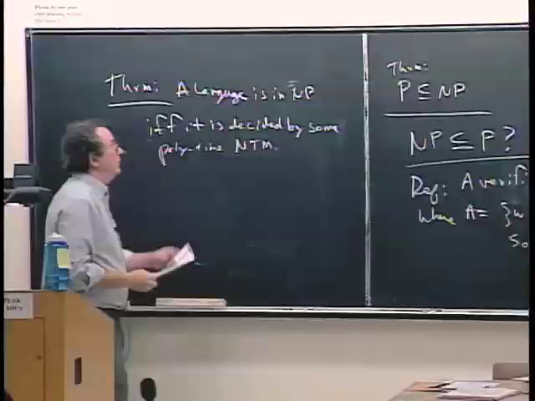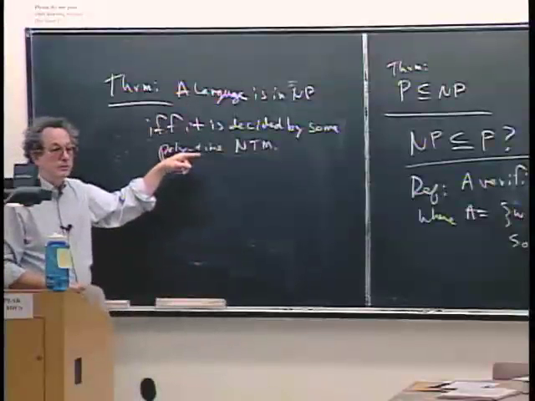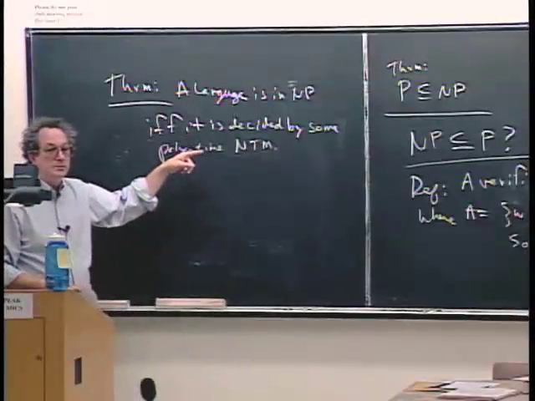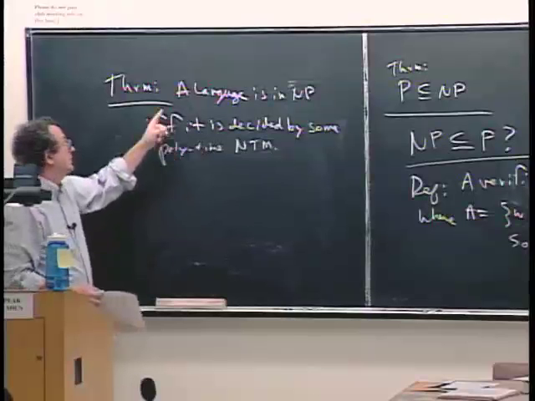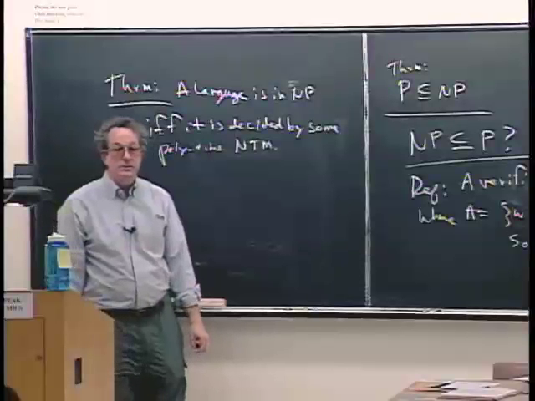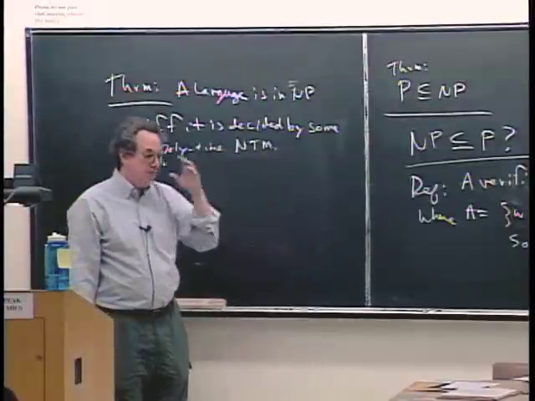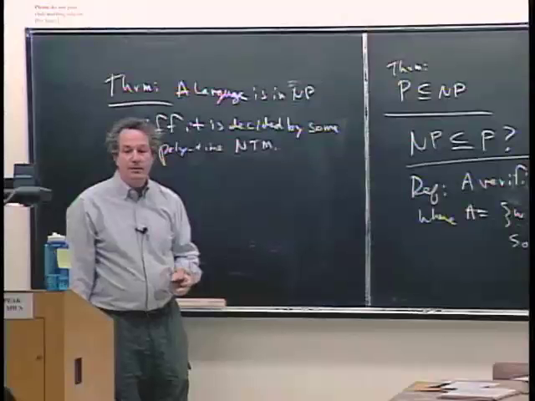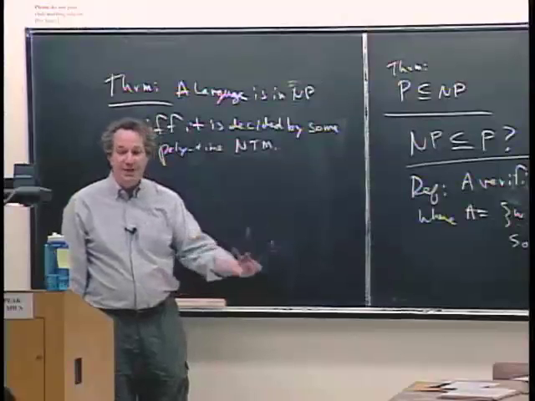Where have you seen this before? The language is in NP if and only if it's decided by some polytime non-deterministic Turing machine. Doesn't that sound familiar? It's the way I defined NP.